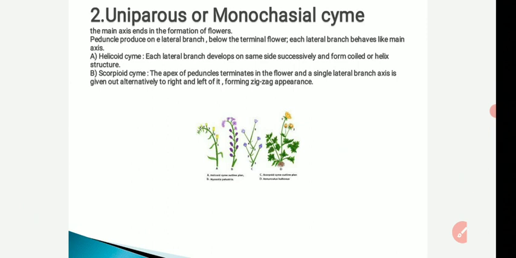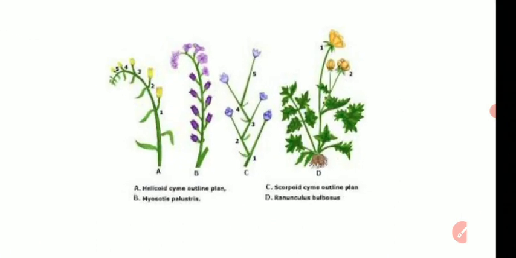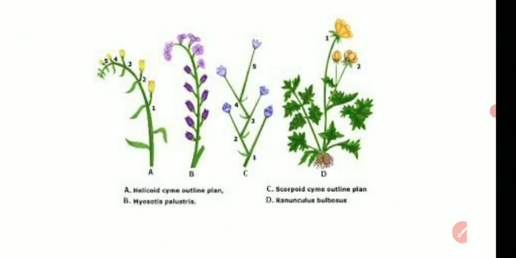This is the diagrammatic representation of scorpioid cyme. The diagram C shows a scorpioid cyme outline plan. Here the flower arrangement is alternate, forming a zigzag appearance of flowers on the main axis. So this is called a scorpioid type of cyme inflorescence.